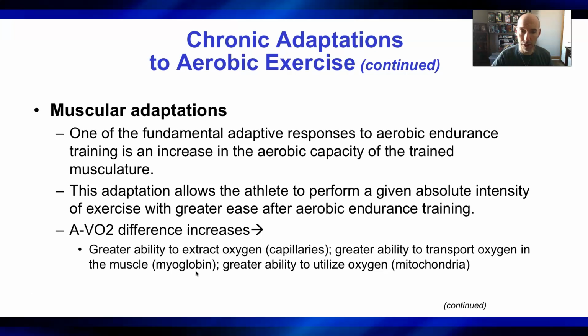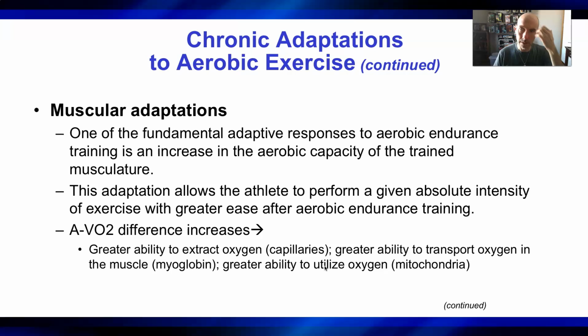Myoglobin carries oxygen in the muscle. The more myoglobin a muscle has, the faster it can transport oxygen from the cell wall to the mitochondria, which is its ultimate destination.